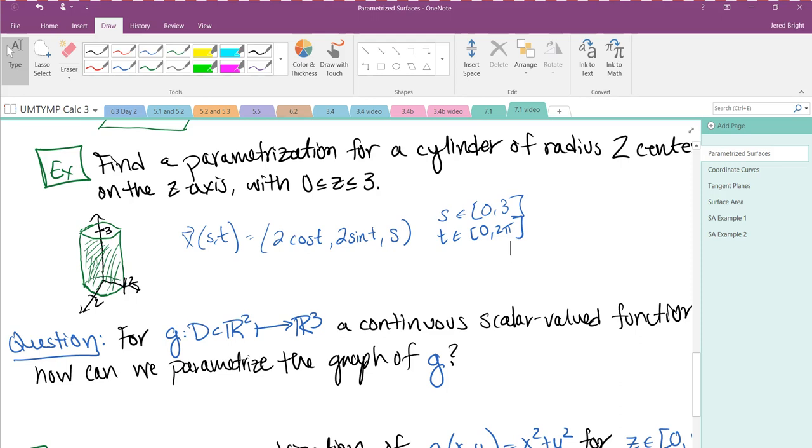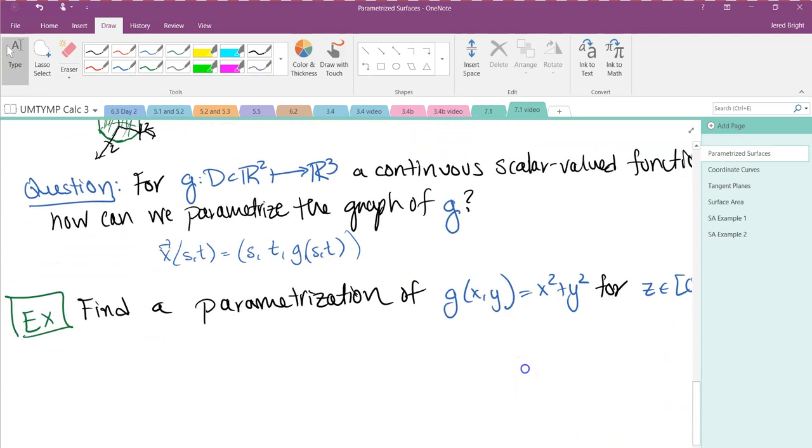Okay, for time purposes, I'm just going to press on, and really all we need to do is say that we're still going to need a parameterization of s and t, and maybe the first component we can write in s, second component we can write in t, but then I'm out of parameters, so I need to say that the third component is going to be a function of s and t that we send through G.